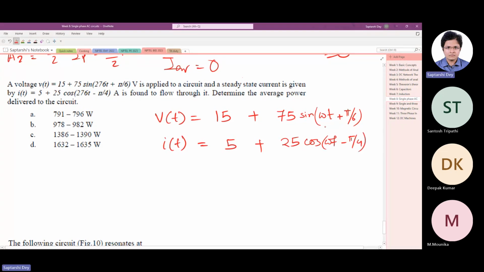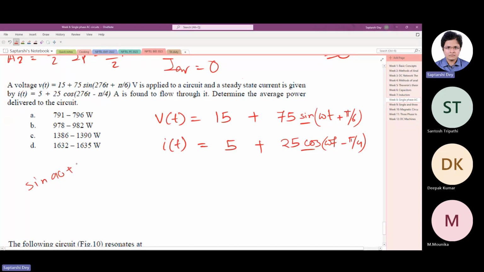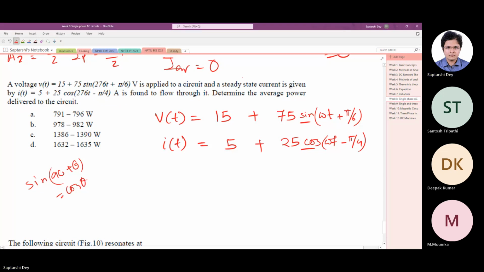First thing first, this is sine, this is cos. We will make both of them sine, or both of them cos. Sine of 90 degrees plus theta is cos theta.